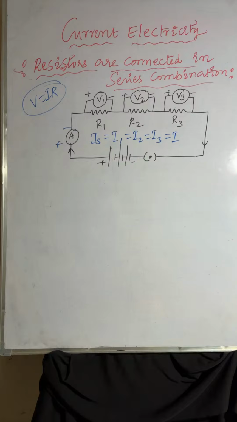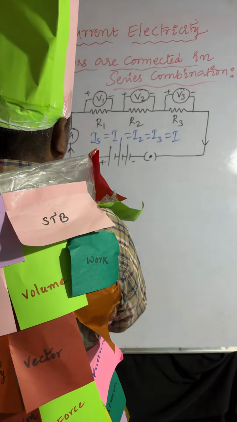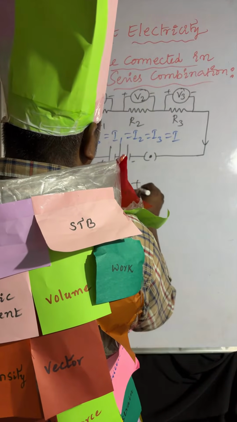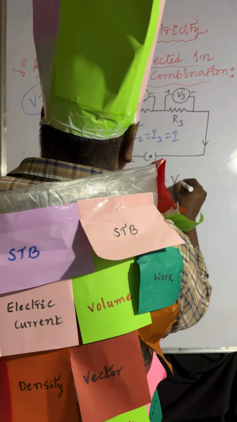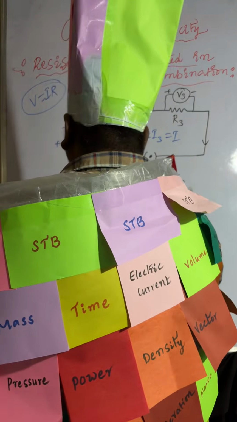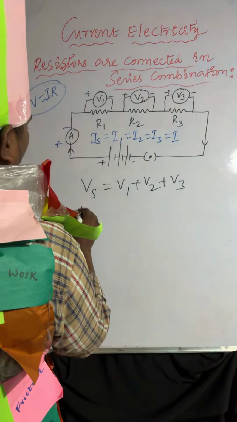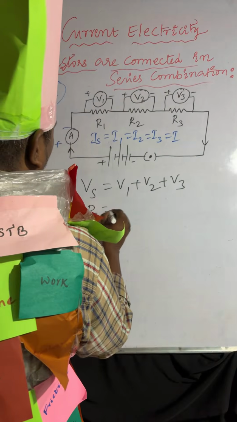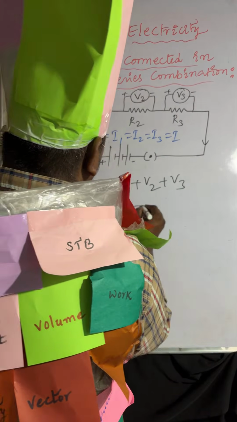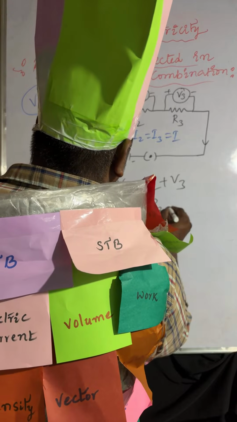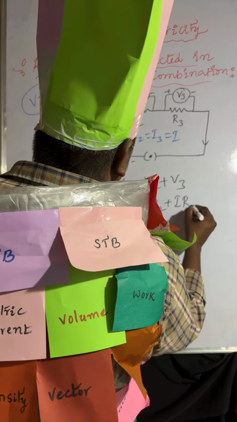That is nothing but Vs equal to V1 plus V2 plus V3. So we can write IRs equal to IR1 plus IR2 plus IR3.